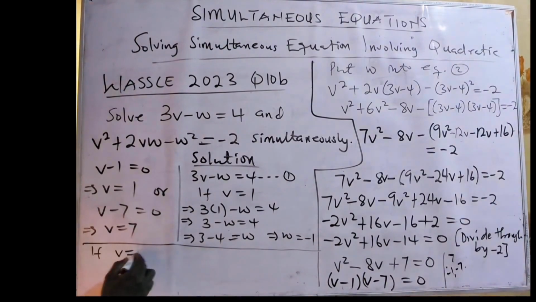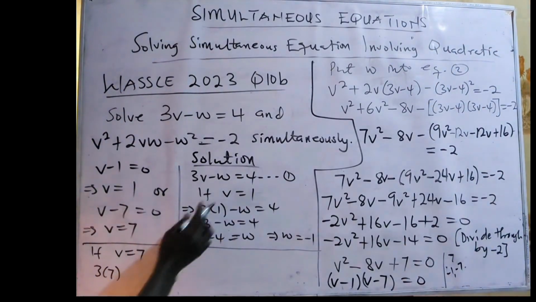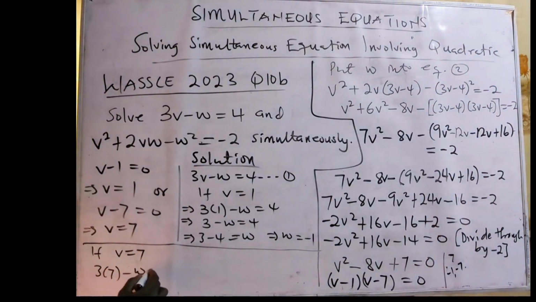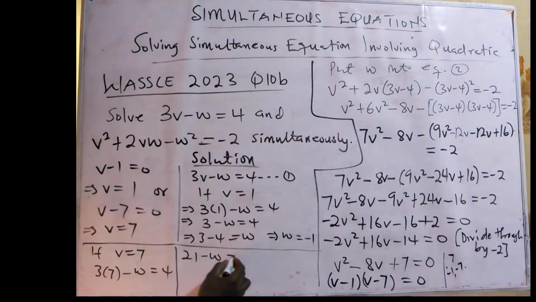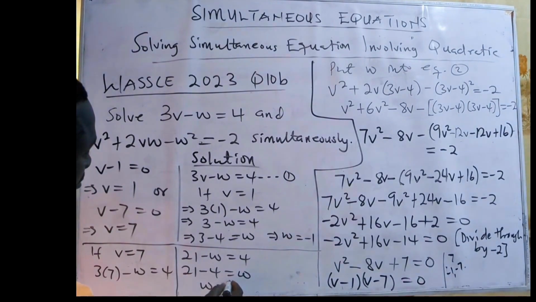Now if v is 7, then we have 3 times 7 minus w equal to 4. 3 times 7 gives us 21, so 21 - w = 4. Then 21 - 4 = w, and 21 minus 4 gives us 17.